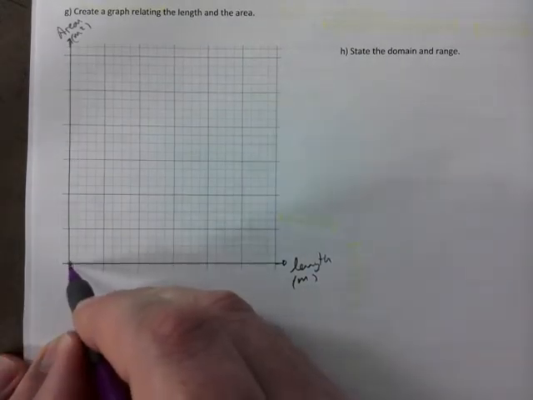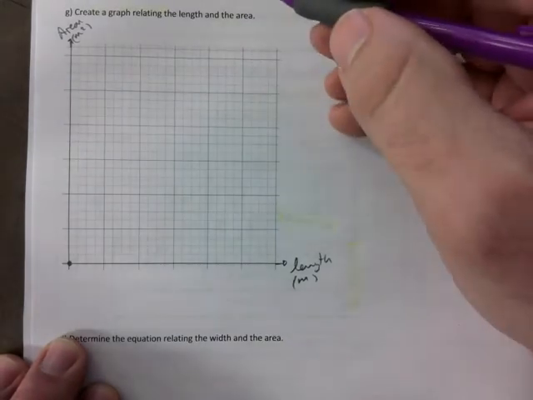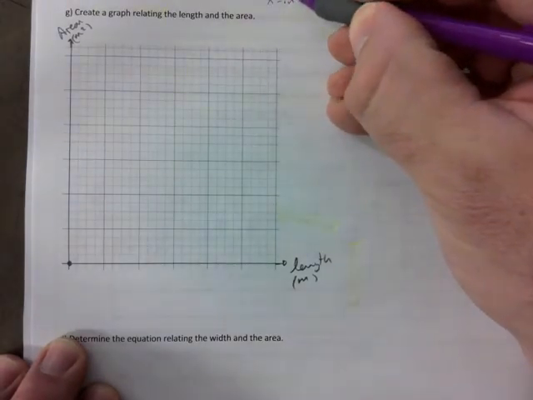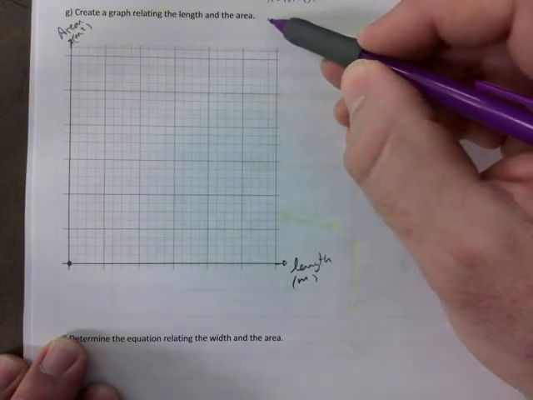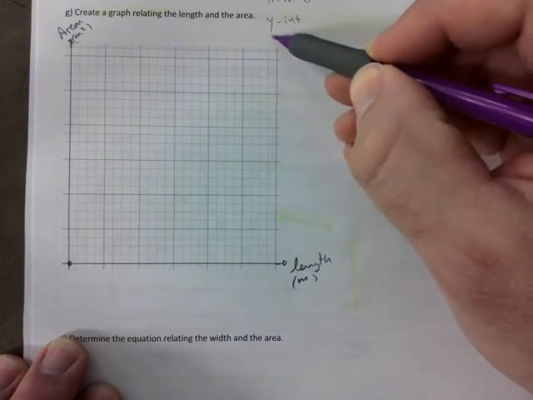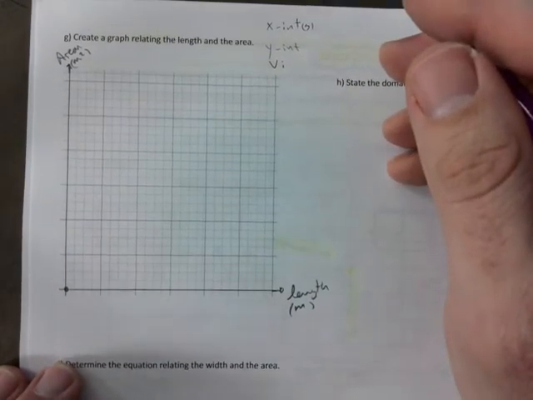I know I'm at 0, 0. What do I need to make a graph? I need the x-intercept or intercepts. I need the y-intercept, and I need the vertex. Sorry, you can't see that. There it is.